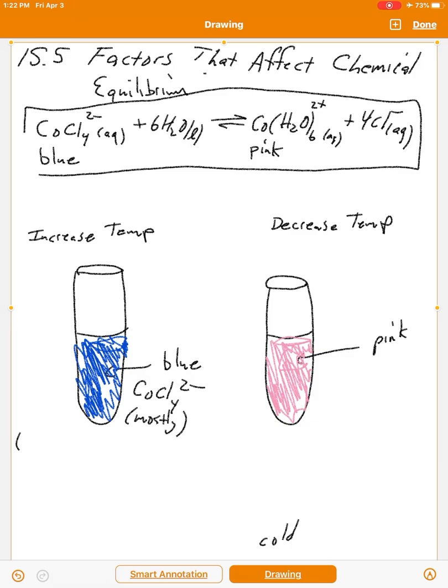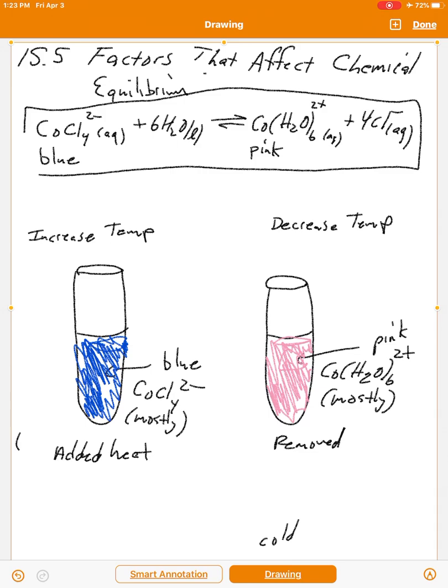And on the right, it's pink, so we must have mostly hexaaqua cobalt 2 ion. At high temperature, we added heat, and it's blue, so we have cobalt chloride. On the right, we decreased the temperature, so we removed heat, and that's why we get the hexaaqua cobalt ion.